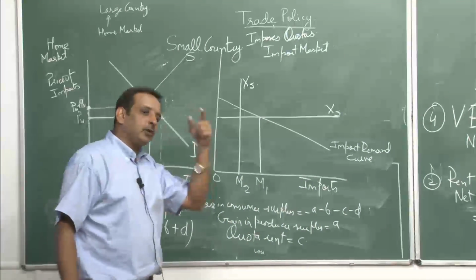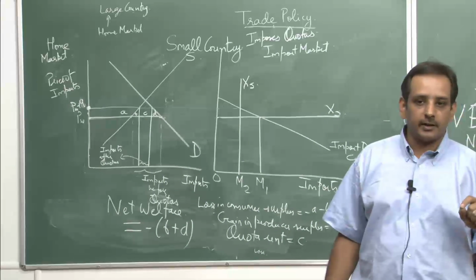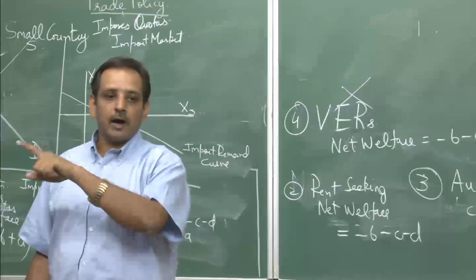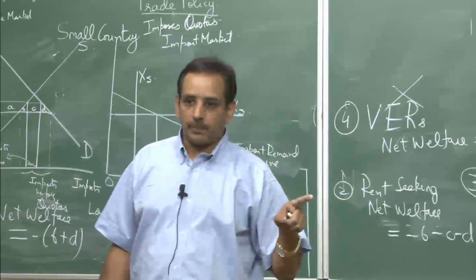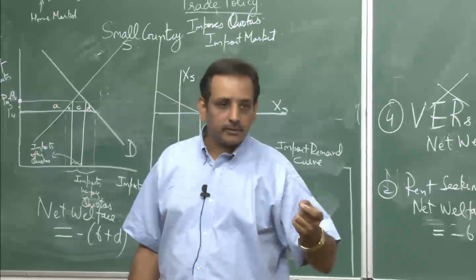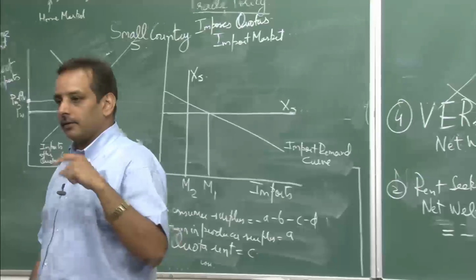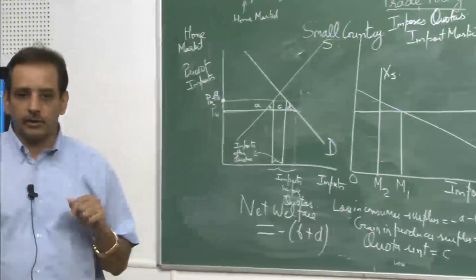Recall an instance which is totally opposite to it. When the US imposed quotas in the 80s, the type of cars which came from Japan after quotas were imposed had a higher price, but their quality was much better than the cars which were sold in the US.